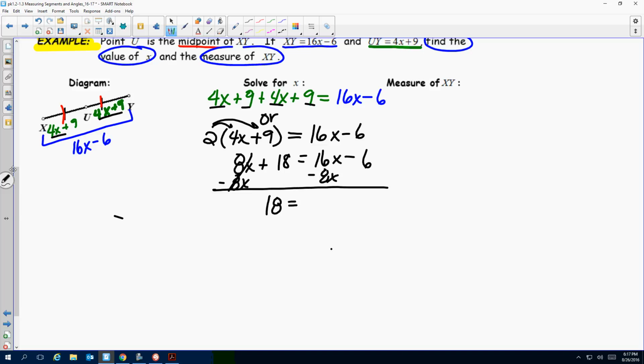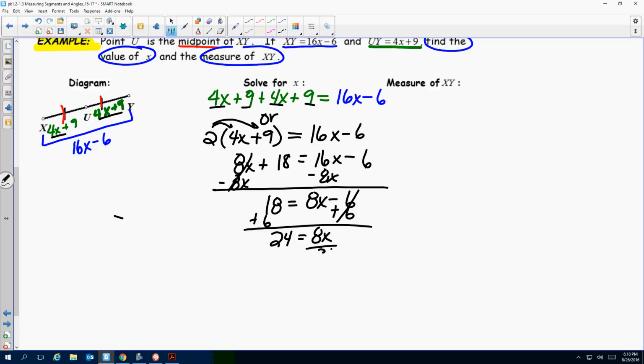Now I have 16 minus 8 is 8x, minus 6. Well, I still haven't isolated the x on the right side. So now I'm going to have to add the 6 to isolate it. I have to get rid of it, do the opposite. Since this is minus 6, you're going to add 6. It becomes 0. 18 plus 6 will give me 24 equals 8x.